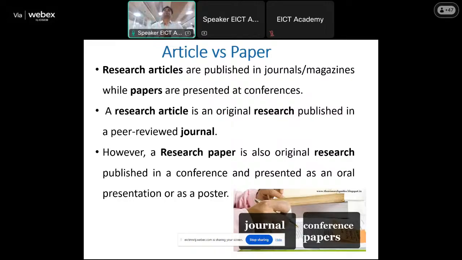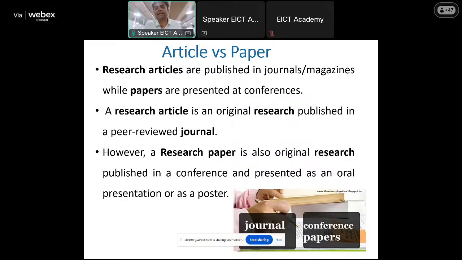As I said, the words can be used interchangeably, but this is the journal terminology you will observe. Article relates to a journal or a magazine, and paper relates to a conference.